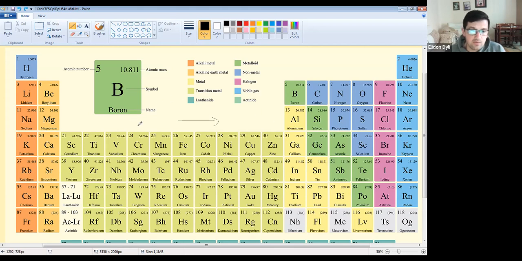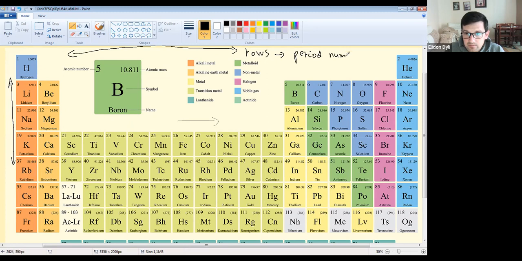We have columns, which have this direction from up to down, and we have rows in this direction. Rows, we call them the period number. In this periodic table we have 7 periods, or 7 rows.